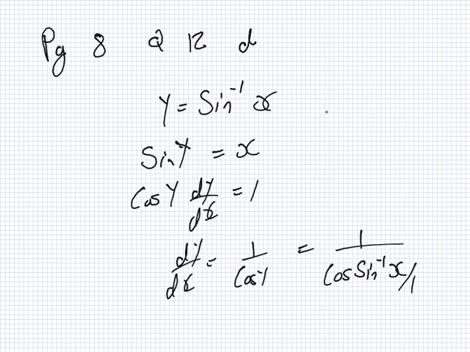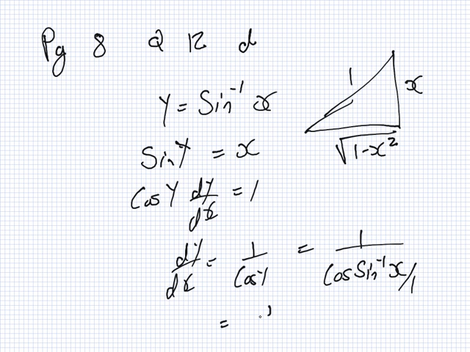And then by drawing our triangle, with sides x, 1 and root 1 minus x squared, is that right? Yeah. Cos is that over that. So this becomes just 1 over root 1 minus x squared. That's the derivative of sine inverse.